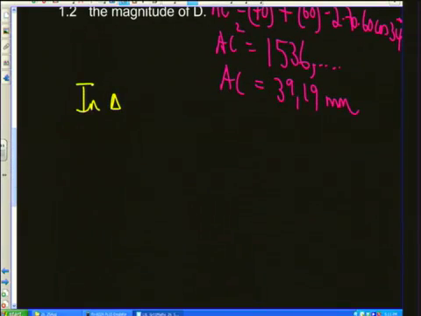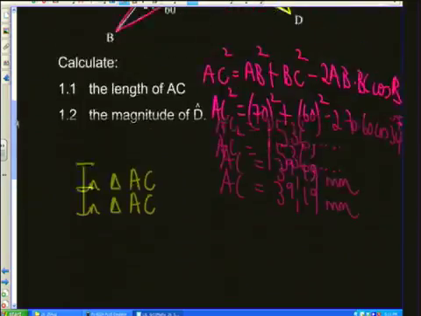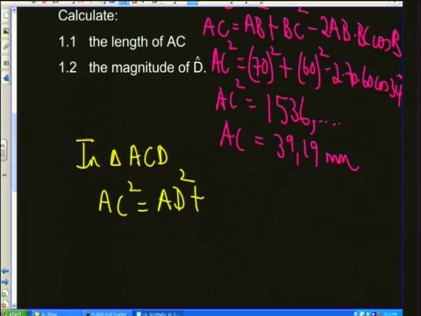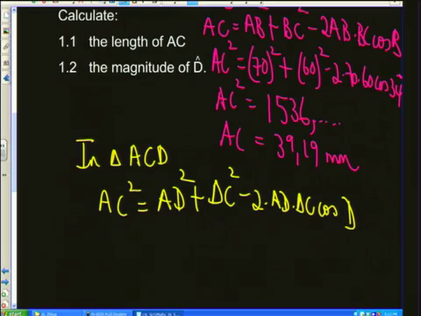So in triangle ACD, AC squared is equal to AD squared plus DC squared minus twice of the product of the sides times the cos of the angle. Now just fill in all the numerical values and then solve for cos, instead of getting cos D as the subject of the formula and then substituting in.